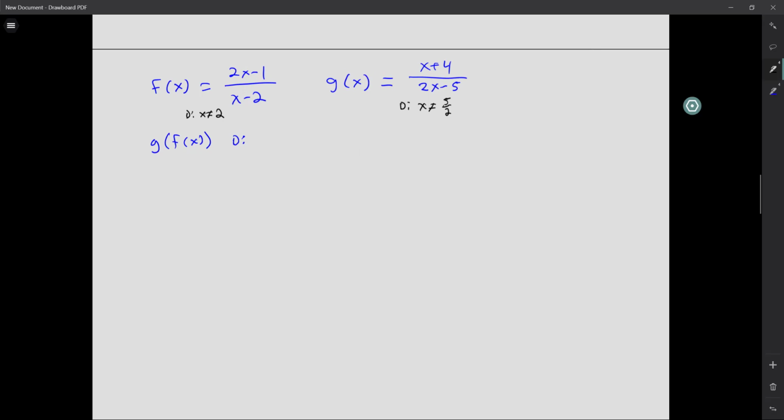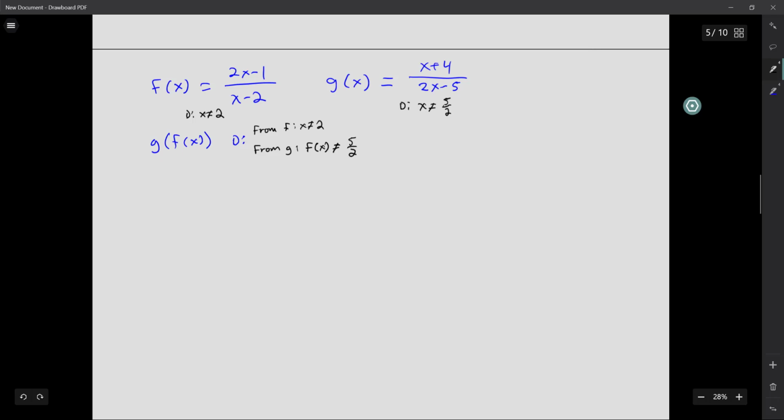From the inside function, from f, x cannot be equal to 2. And then from g, we're saying that f of x cannot be equal to 5/2.